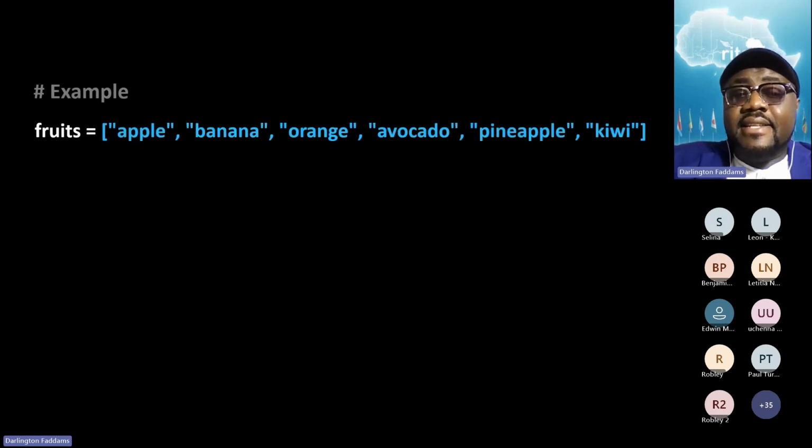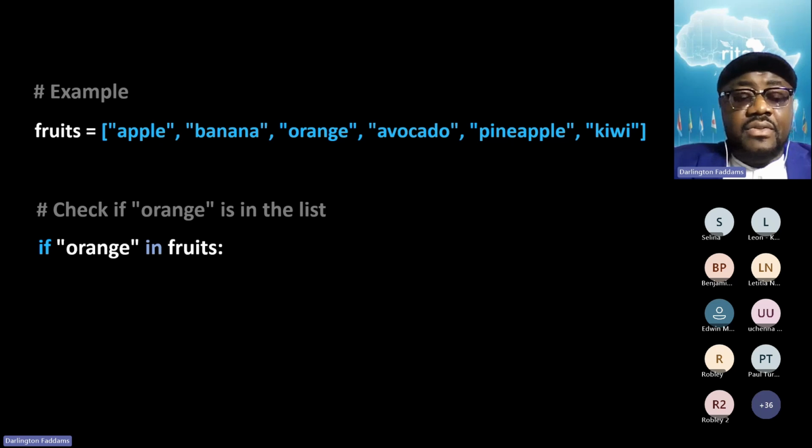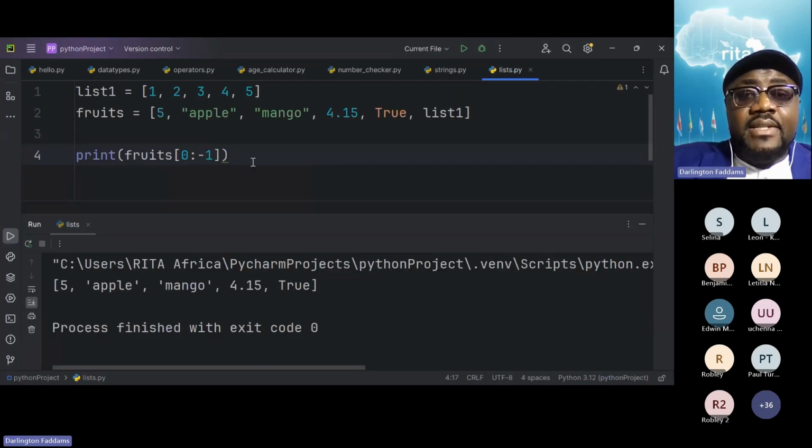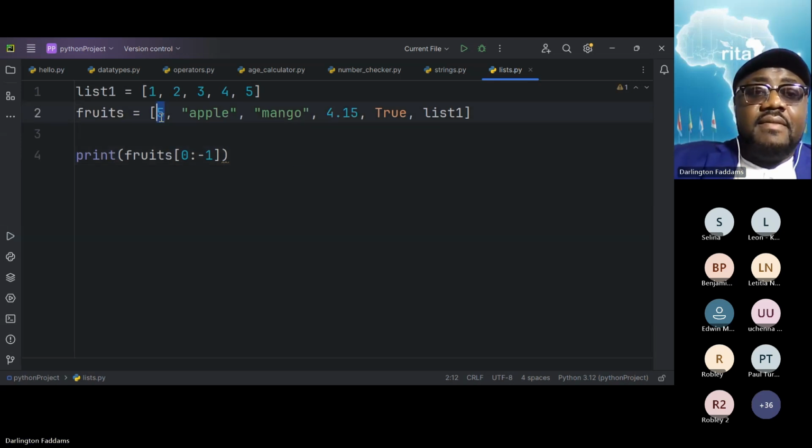If you have a list like this, you can check if something exists within it. So let's go back to our list. Let's go ahead and change 5 here to avocado.